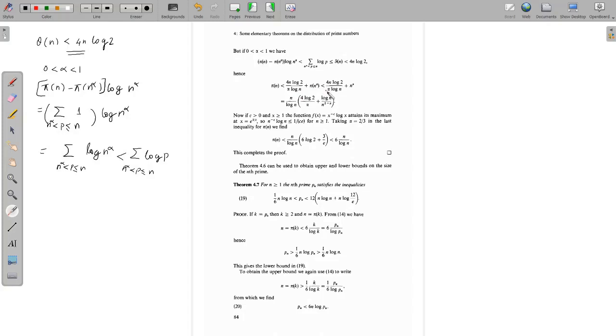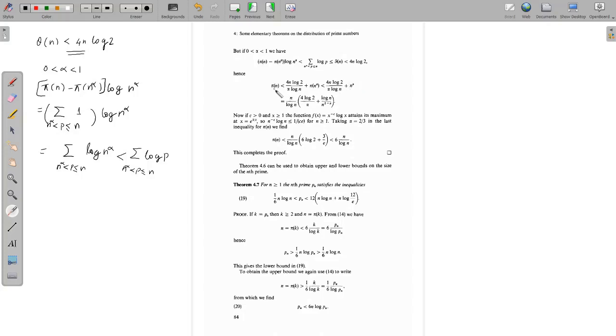Now pi of n raised to alpha is the number of primes less than or equal to n raised to alpha, so that is always less than this n raised to alpha. So you can replace like this.